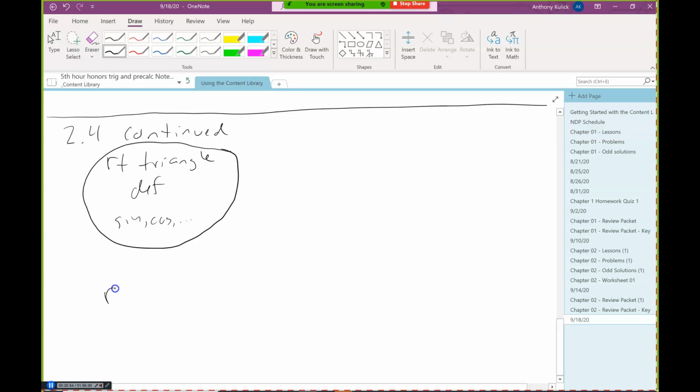We then defined this angle of rotation idea, which allows us to conceive of an angle of any measure. You can go all the way from negative infinity to positive infinity. So any angle size you want, we can represent by embedding it in the xy axis, fixing one side on the positive x-axis, and then rotating either clockwise or counterclockwise around the origin.